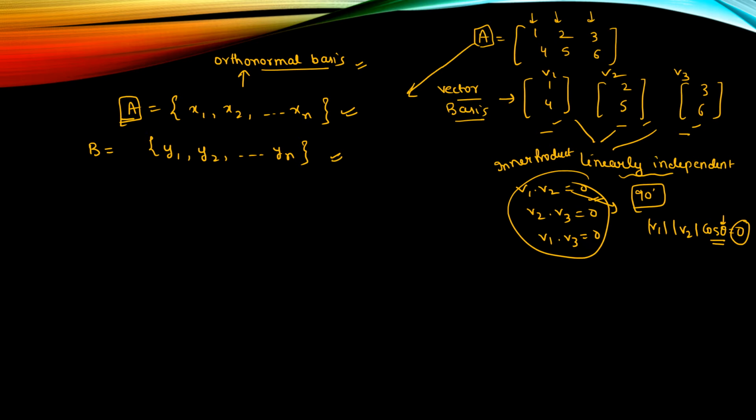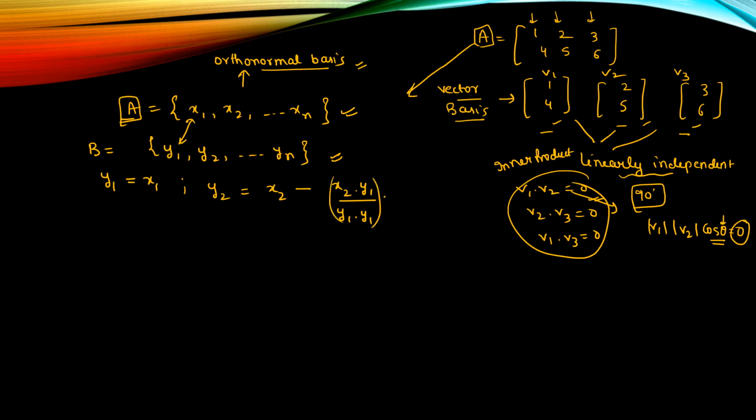The Gram-Schmidt process says that y1 will always be equal to x1. Then for y2, the formula will be x2 minus the dot product of x2 and y1 divided by the dot product of y1 and y1, times y1.